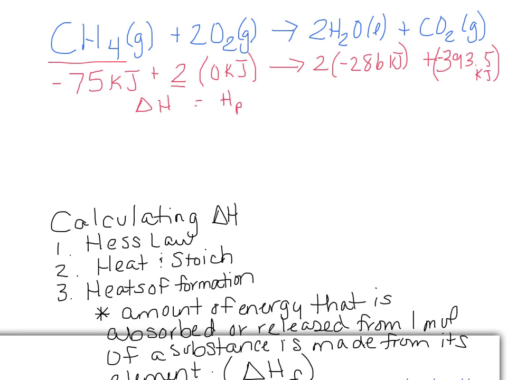Delta H is the heat of the products minus heat of the reactants. If we plug this in, we have 2 times a negative 286 kilojoules plus a negative 393 and a half.